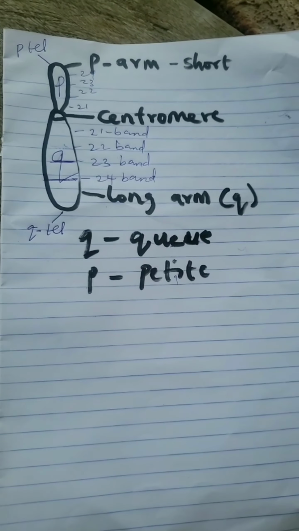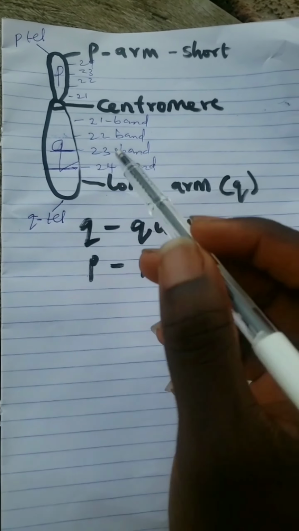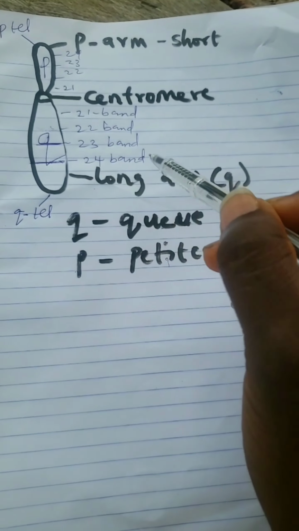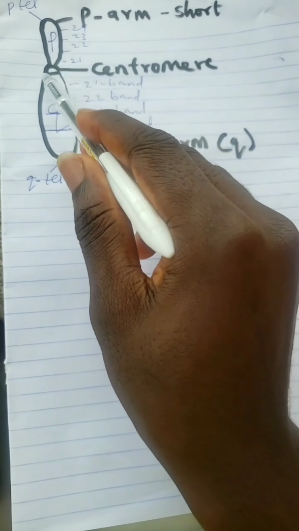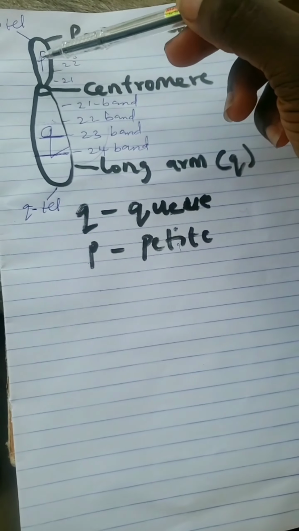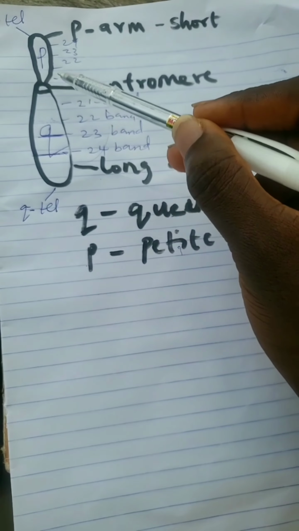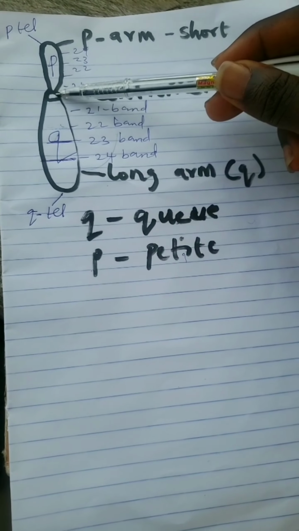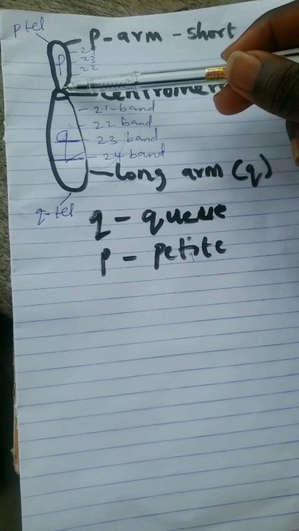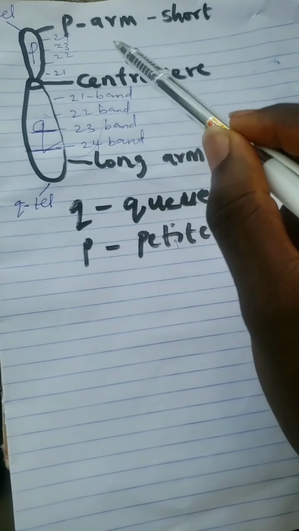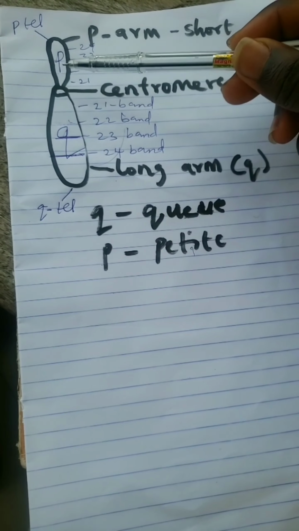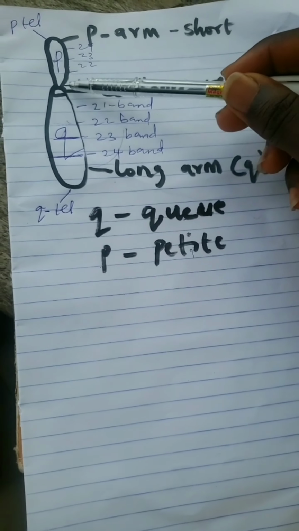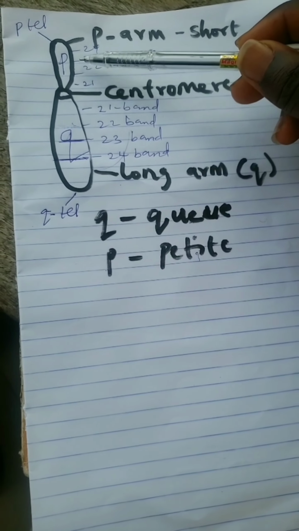Talking about the bands in the chromosome, I'm going to be naming the chromosome using this structure. We know that here is the centromere. In this short arm, we are going to be counting in ascending order, slightly away from the centromere: 1, 2, 3, 4.